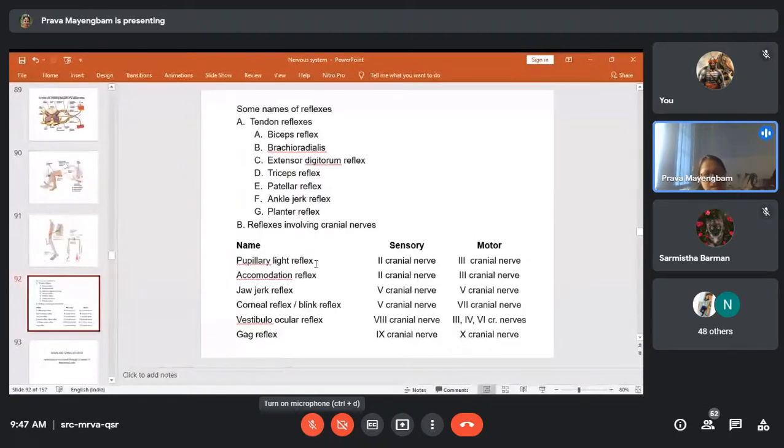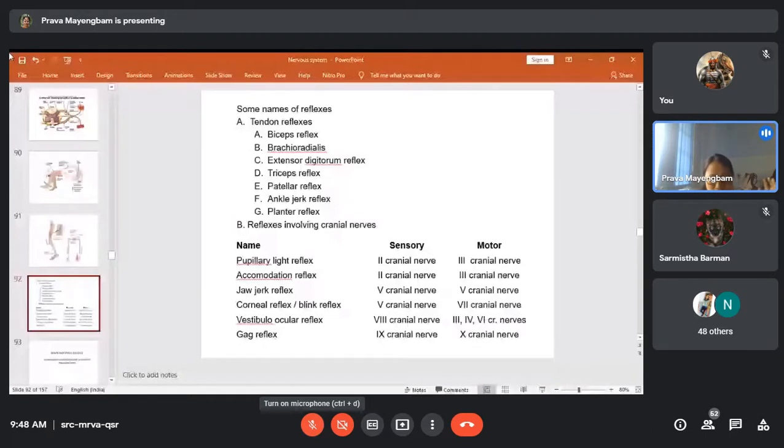This pupillary light reflex you must have come across many times. What happens when you come from a dark room to outside, and outside is very sunny?